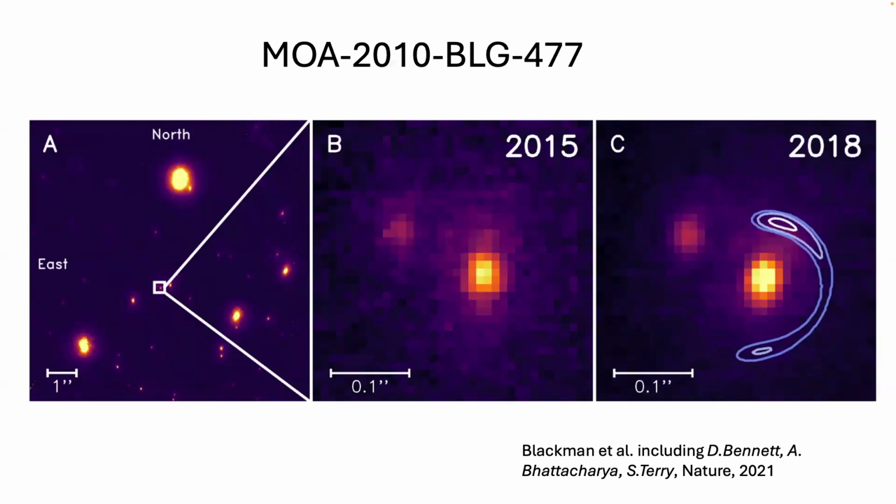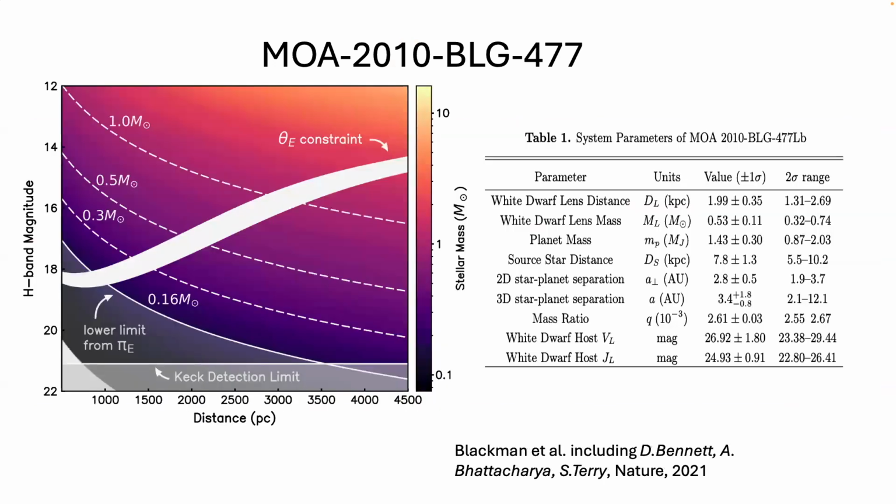And we don't actually detect any lens star, but if it was a main sequence star, we would have detected it. So based on that, this is a graph that shows the H-band magnitude and the distance. Here's the Keck detection limit, and all these masses show that if it was a main sequence star, this is where we would have observed the magnitude.